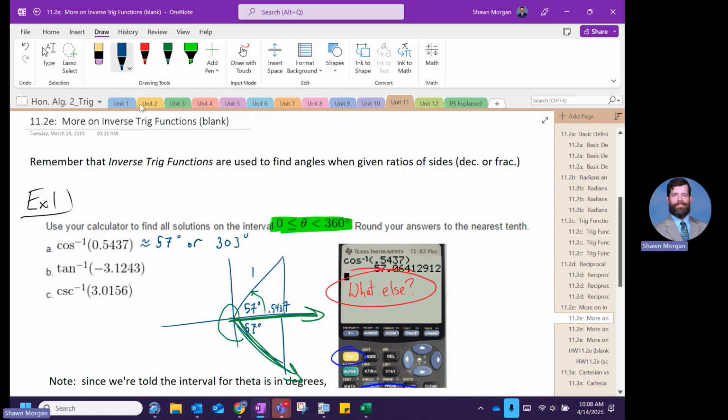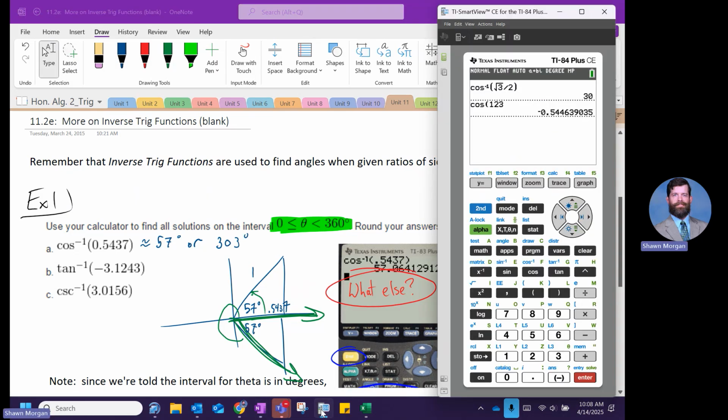By the way, that's a good argument for why we should be checking our work on the calculator, just to make sure it makes sense. So if I hit cosine of 57, I get 0.5437-ish. If I hit cosine of 303, again, I get that same value. There are 2 spots where the inverse cosine is going to apply right here.